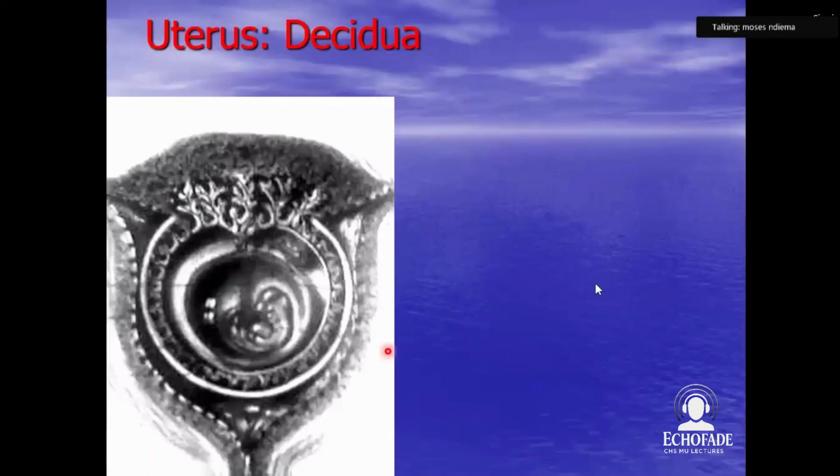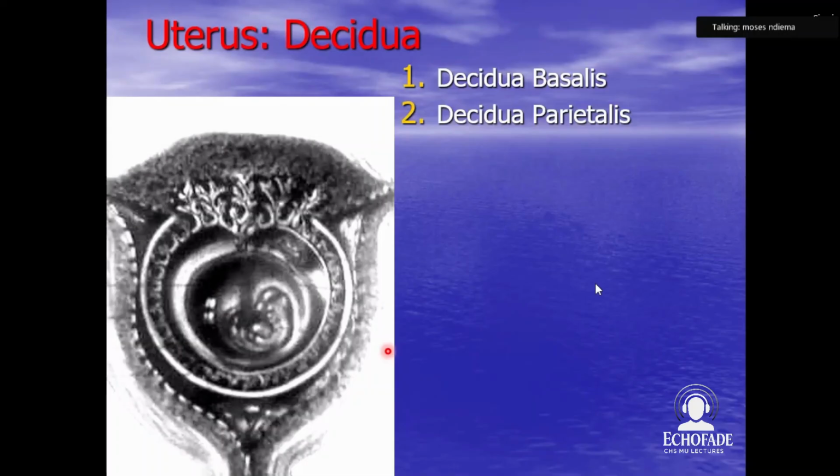What happens to the endometrium after implantation? The deciduum basalis, the deciduum parietalis, the endometrium is now transformed. The part where we have the implantation, we refer to as the deciduum basalis. The rest of the endometrium, we refer to as the deciduum parietalis.